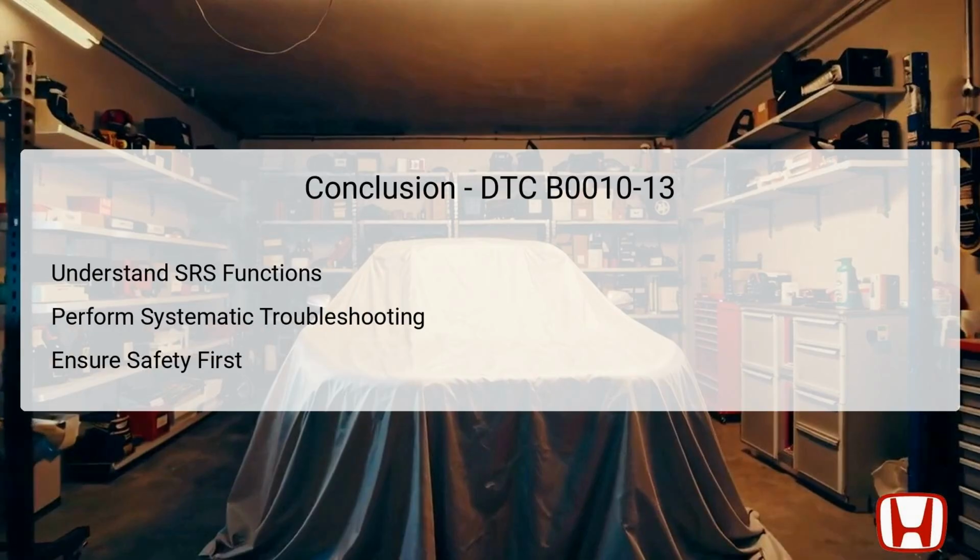In conclusion, understanding the functions of the supplemental restraint system is critical for diagnosing issues reflected in DTC B0010-13. A systematic approach to troubleshooting not only simplifies the repair process, but also aids in ensuring that all aspects of the airbag system are functioning as intended.